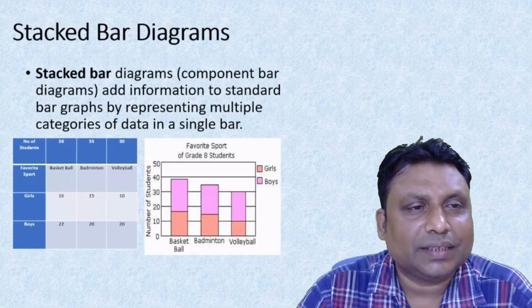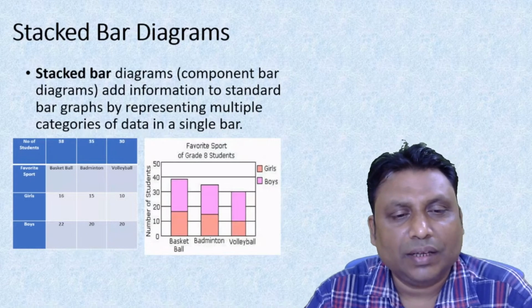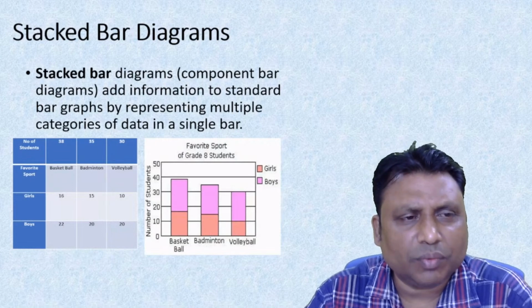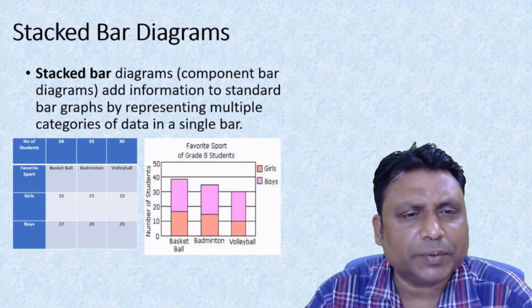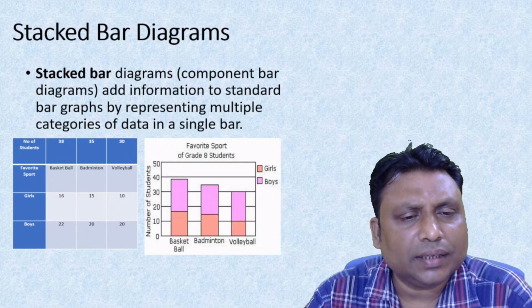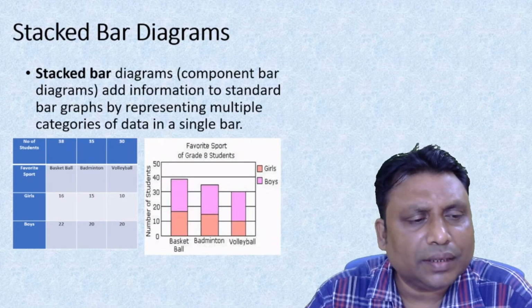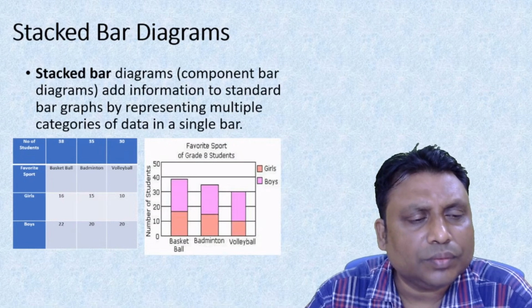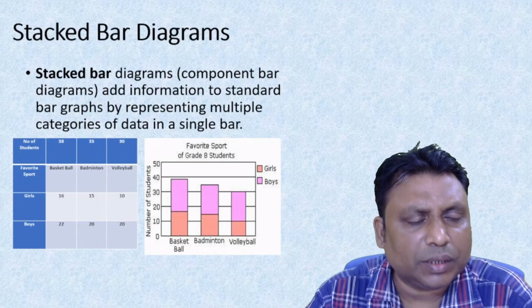Another one is the subdivided bar diagram. The subdivided bar diagram we also use in some cases, not for all cases. In some cases we use this type of diagram. So here, how many variables are there, and what is the percentage or numerical value given?